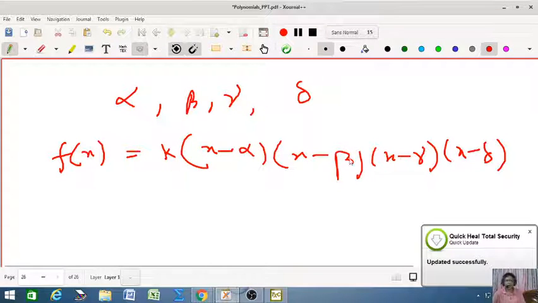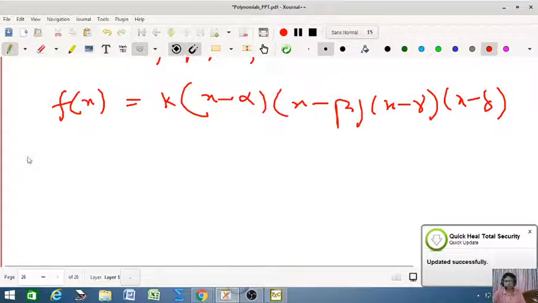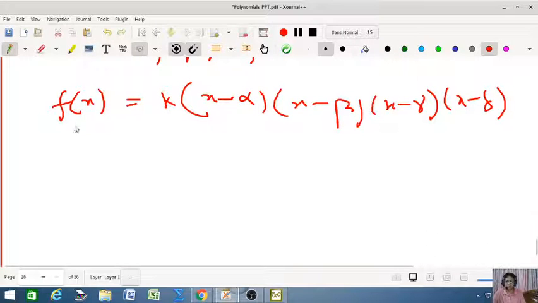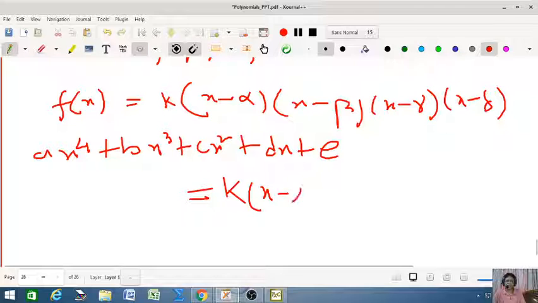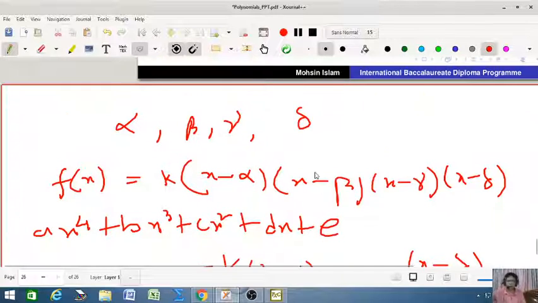You can equate the coefficients of like powers of x from both sides, because your f(x) is a x to the power 4 plus bx cube plus cx square plus dx plus e equal to k into (x minus alpha) up to (x minus delta).